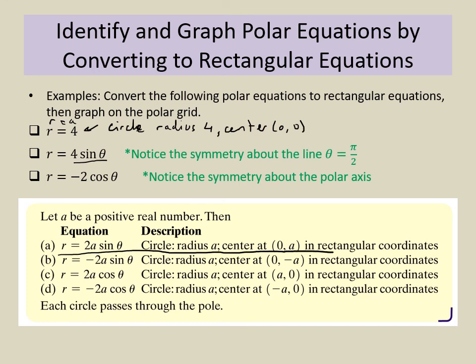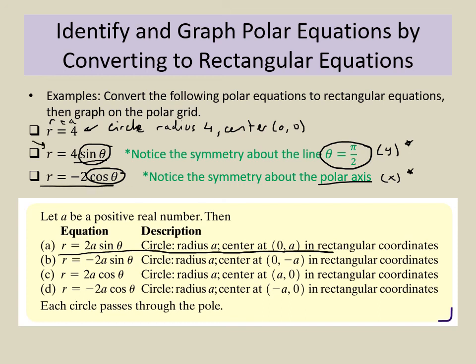We also noticed that there's a symmetry. When we had a sine, the symmetry was about this line, or the y-axis. The next one, we had a cosine, and the symmetry was about the polar axis, or the x-axis. So keep those two symmetries in mind. They're going to come in handy later. But this, again, is a circle.